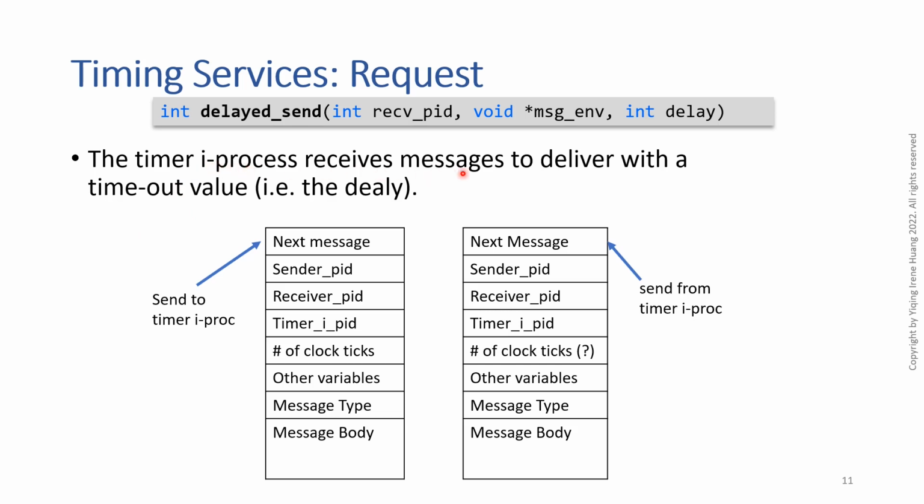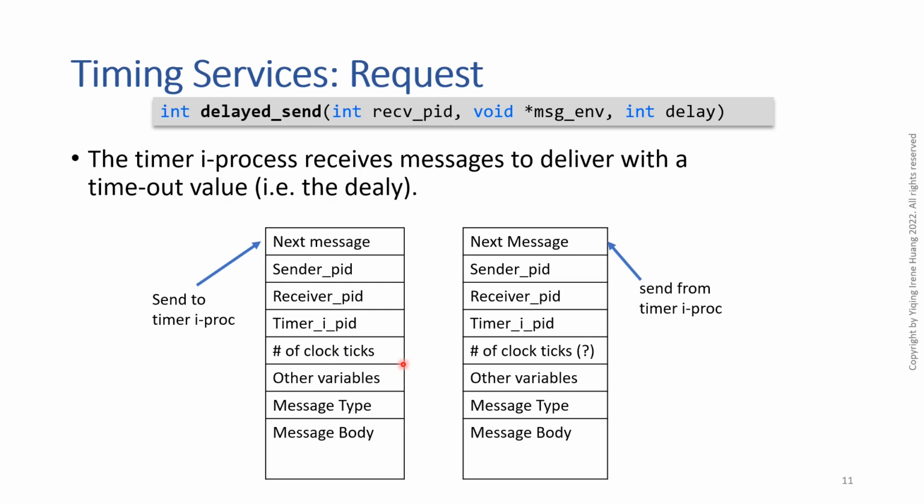So the timer I process receives this message with a timeout value. Remember we have the message envelope header structure, and we have a placeholder where you can put 20 bytes. You may want to put the timer I process PID there so that you know this is a delay send message, and this is the real destination receiver PID.